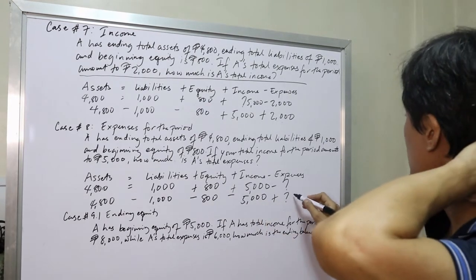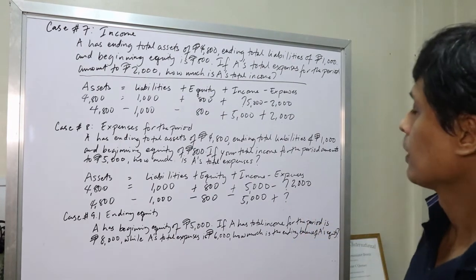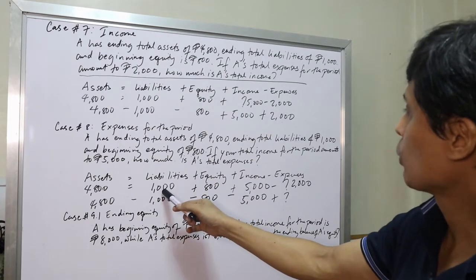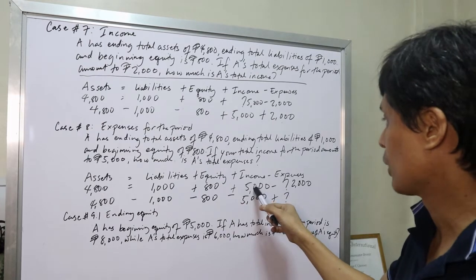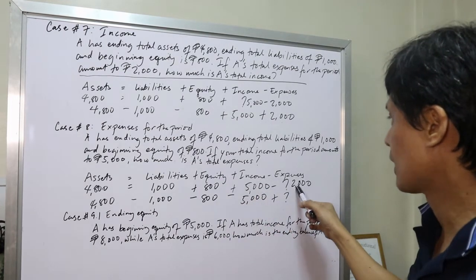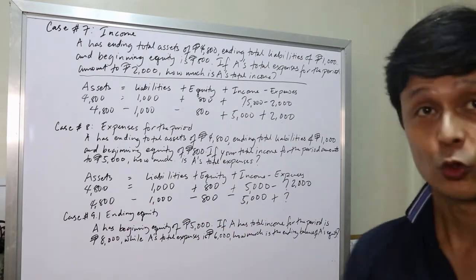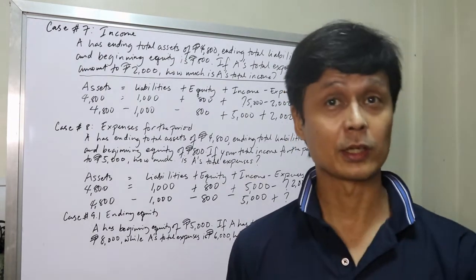So this must be 2,000. And so in order to check, 1,000 plus 800, that's 1,800, plus 5,000, that would be 6,800, minus 2,000, that would be 4,800. So, equal sila.